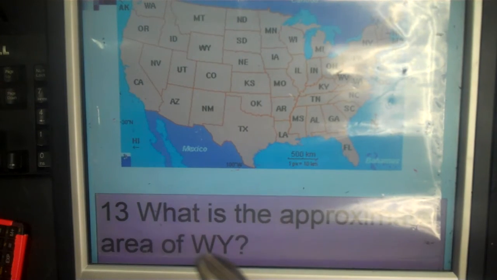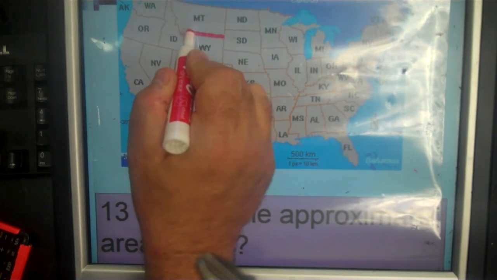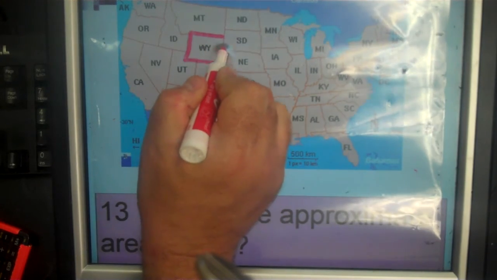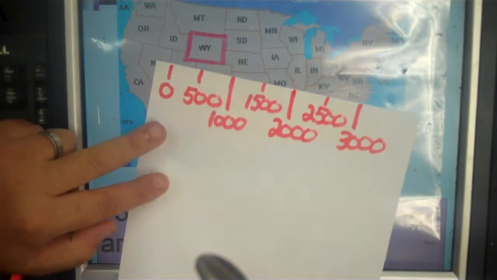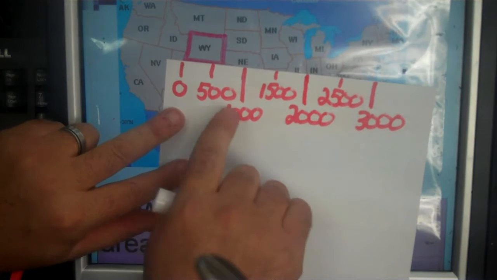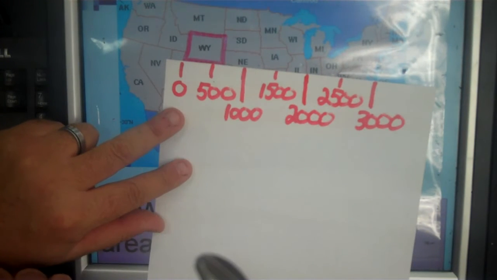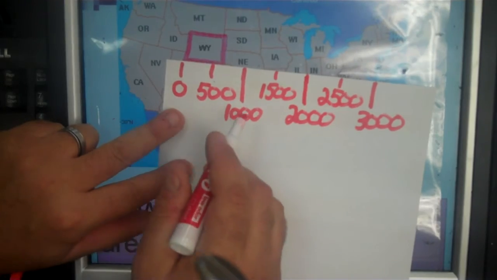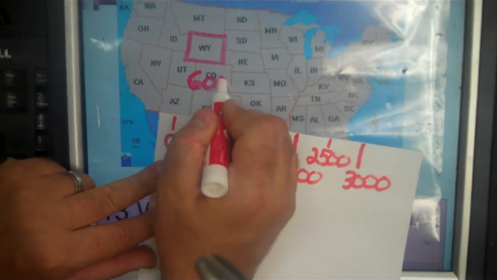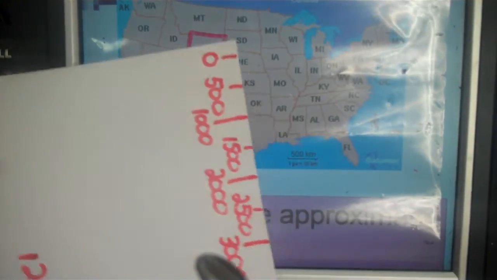Number 13, what is the approximate area of Wyoming? Right here is Wyoming, and it's one of those really nice rectangular states. So the base of this is a little bit more than 500 miles. I'm going to estimate that that is 600 miles across.